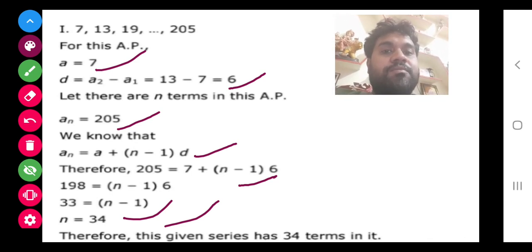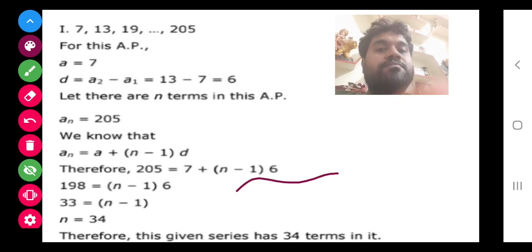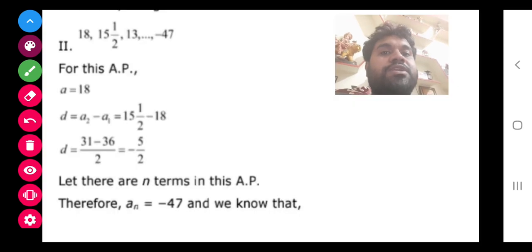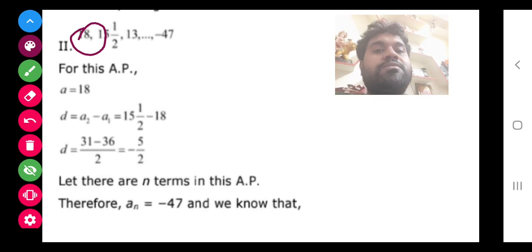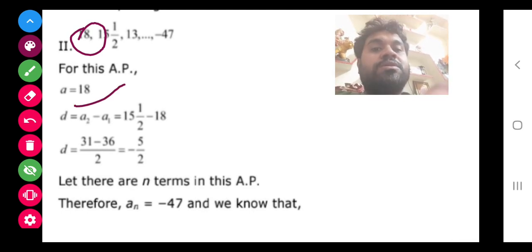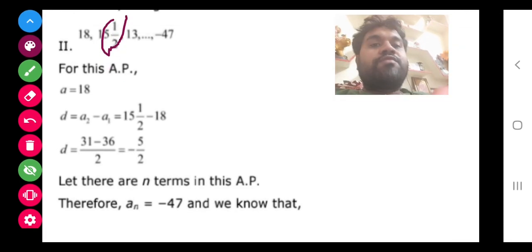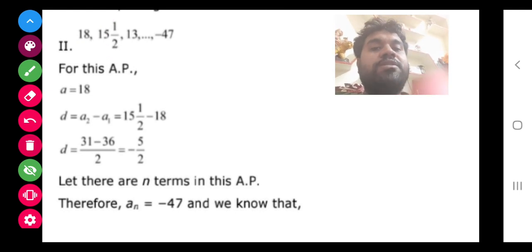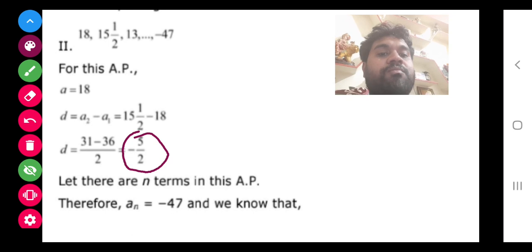Okay class, now let's move to the second part of it. In the second part, our a is 18, and d is how much? d is 15 1 by 2 minus 18. 15 1 by 2 is how much? 31 upon 2. Taking LCM and solving, we are getting minus 5 upon 2.